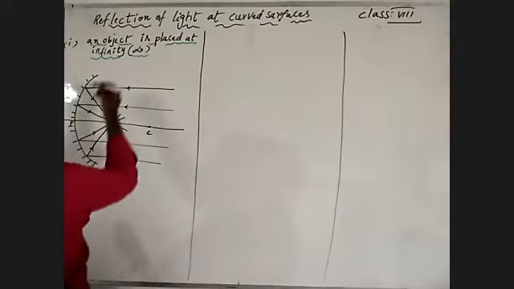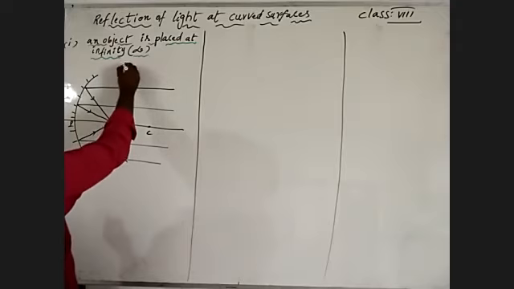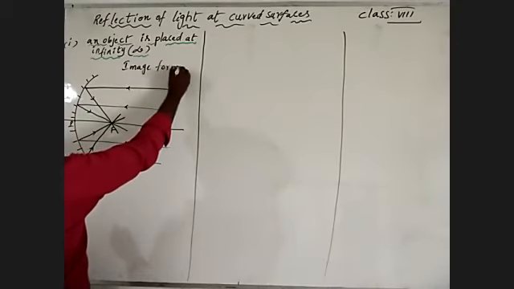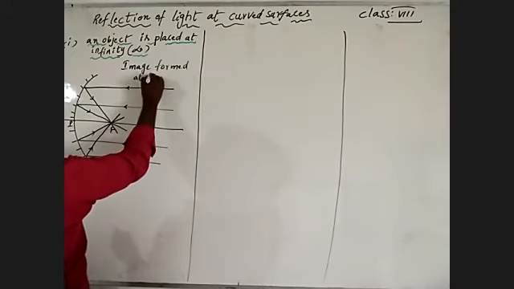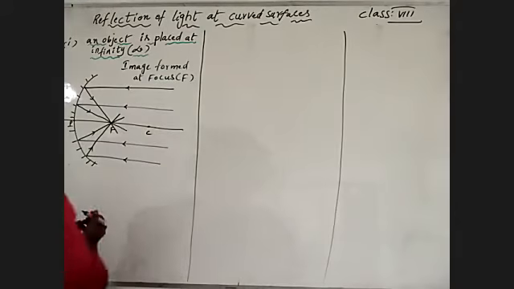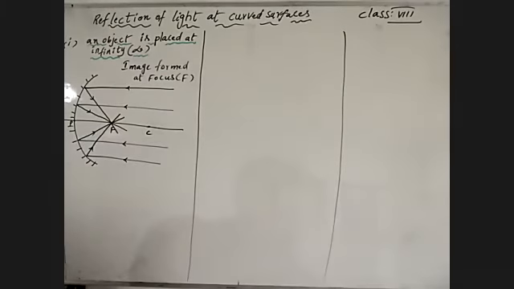See here, the image is formed at the focus. Where at the focus? When an object is placed at infinity, then the image is formed at the focus.